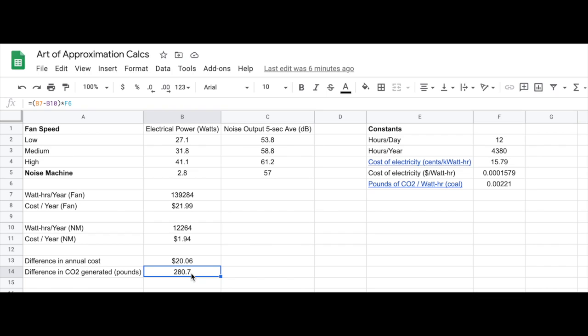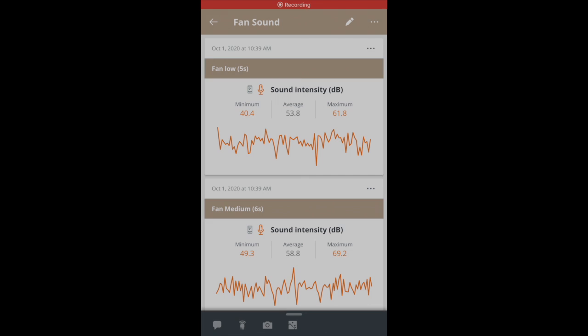Beyond these architectures of either using a fan or a little speaker, there are a lot of other design choices that will be needed, like the user interface, in general, the way that the user interacts with the product. But this is at least showing you how you can use some quick and dirty experiments and some quick calculations to provide a more quantitative analysis or an estimate of how one design differs from another design choice.